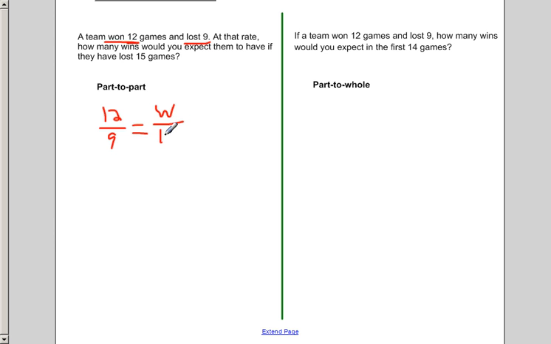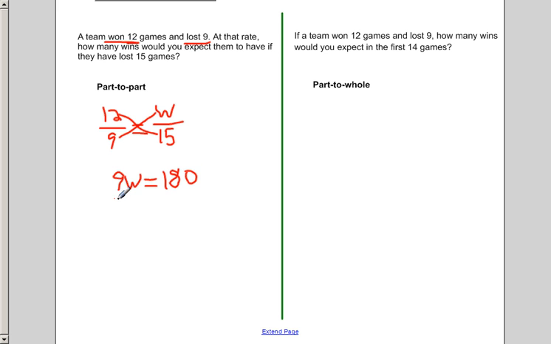So the loss is the other part of the whole. The whole would be the total games played, and we have wins as part of that, losses as part of that. Now we use cross products. 9W equals 12 times 15, which is 180.